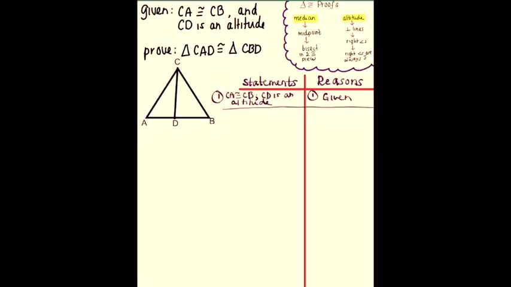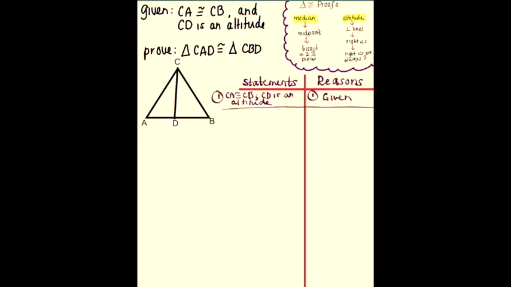In the proof, it tells me what's given. So CA is congruent to CB and CD is an altitude. They're asking me to prove that triangle CAD is congruent to triangle CBD.